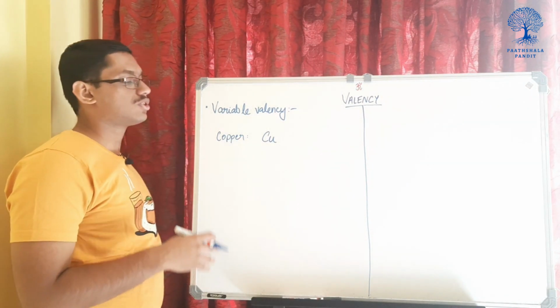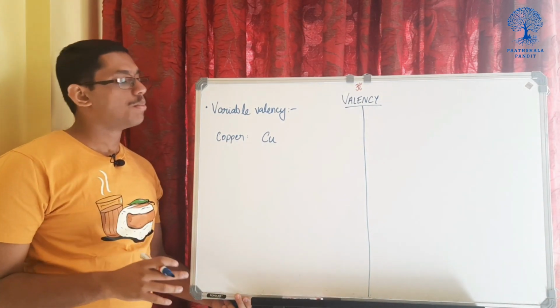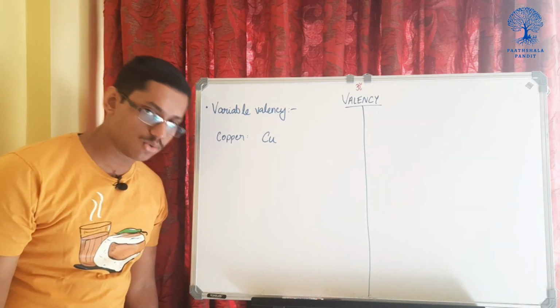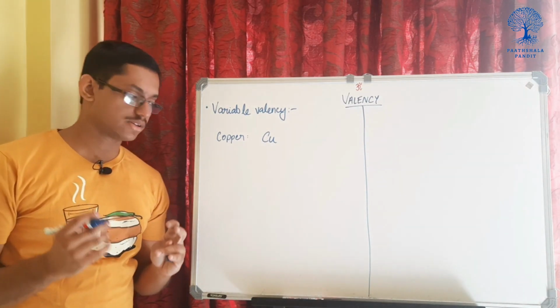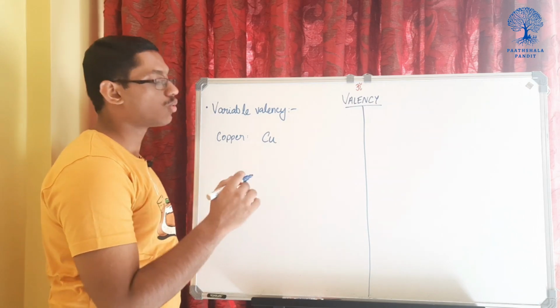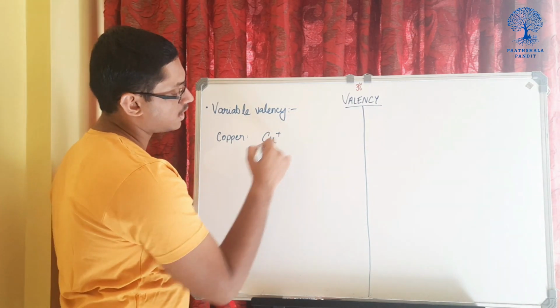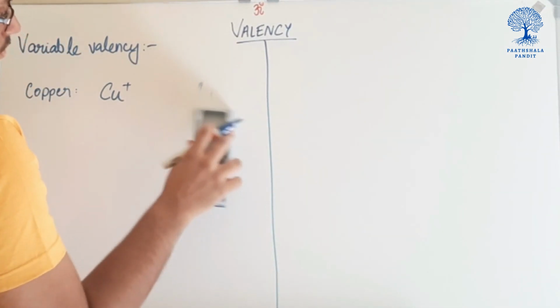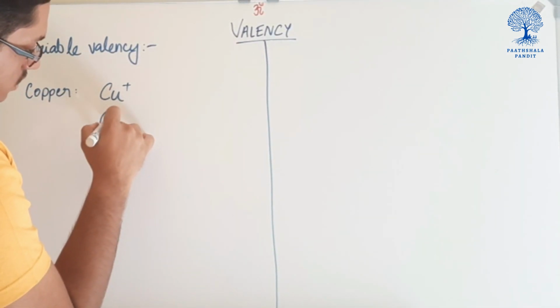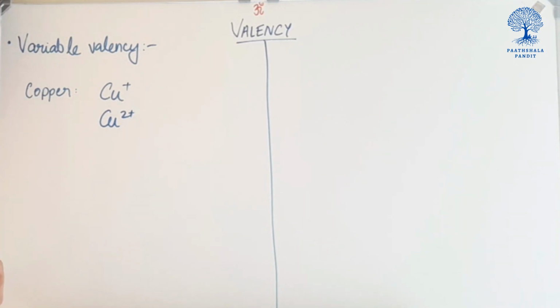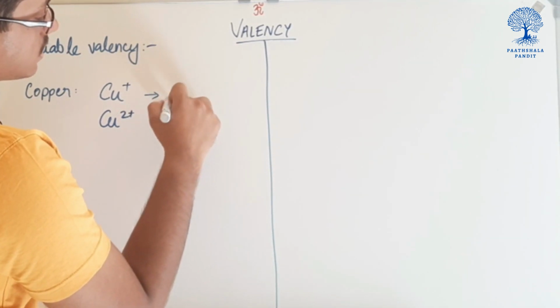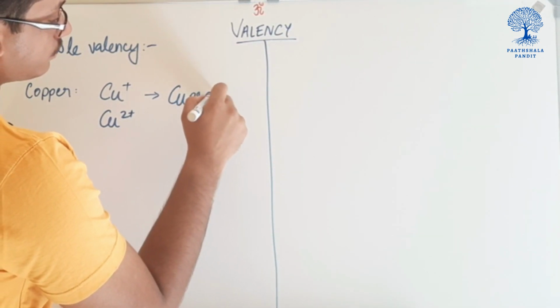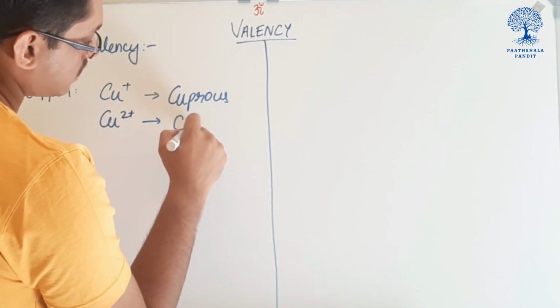It also depends on the octet condition, but also on other conditions, to give out the number of electrons. When it gives out one electron, it will become Cu plus. When it gives out two electrons, it will become Cu2 plus. Now this is known as cuprous. This is known as cupric.